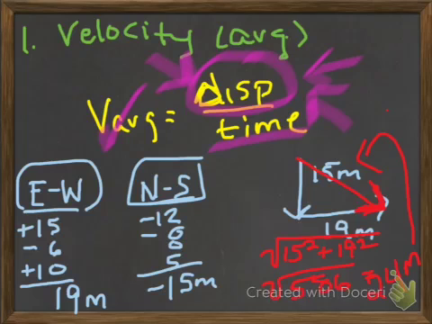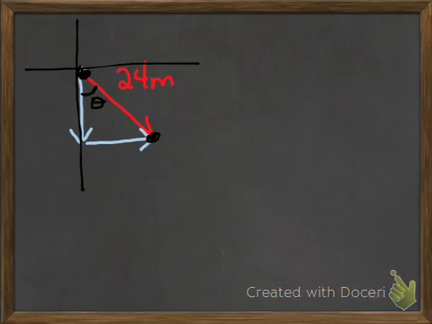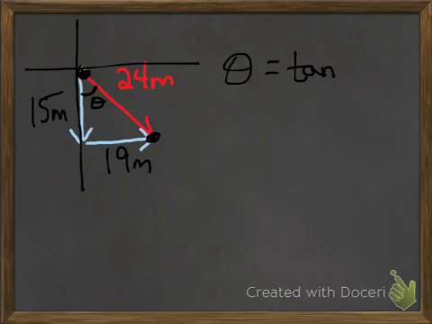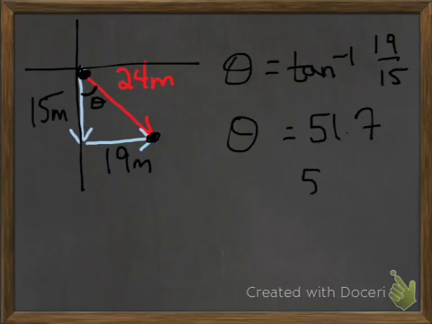Again, we had, let's see, 19 and 15. So we're going to do theta equals inverse tangent of opposite over adjacent. And that's going to give us a theta of 51.7 or 52 degrees.